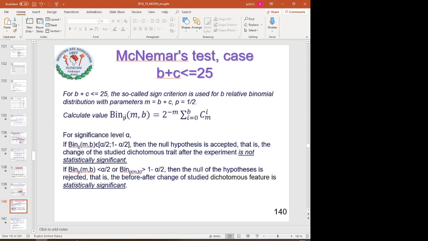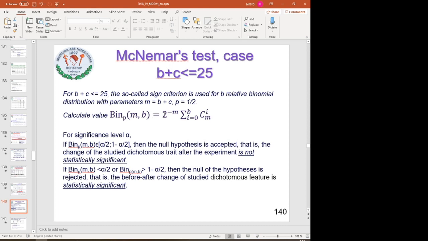We will calculate the probability with the binomial distribution when the probability of a single event is 0.5, that is 1/2.